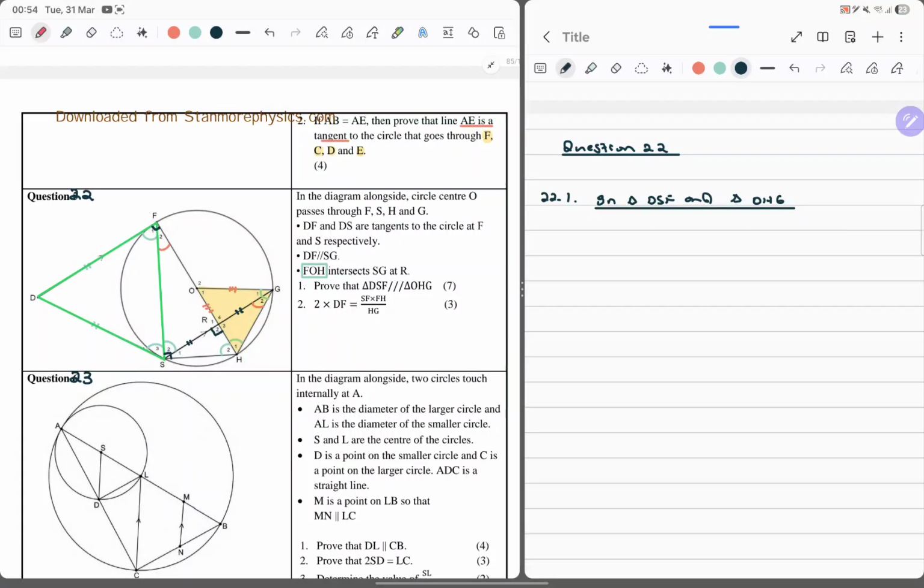Let's see, what is the story in these two triangles? We already saw something. We know that we're going to link this angle to that angle as angles in the same segment. Then this one to that as alternate angles. Then we can say that angle is equal to that.